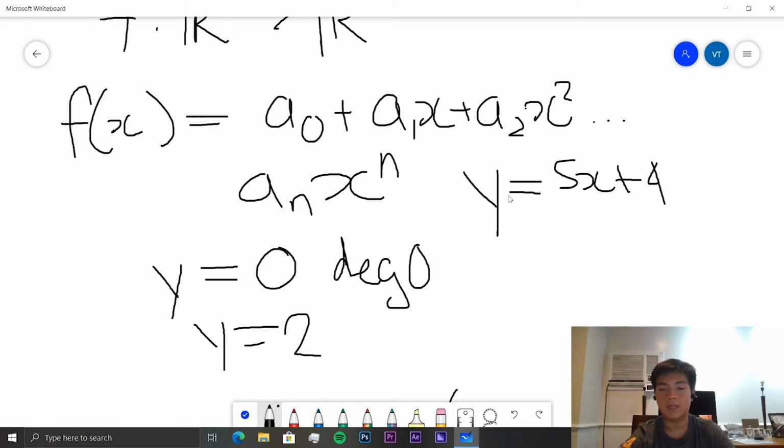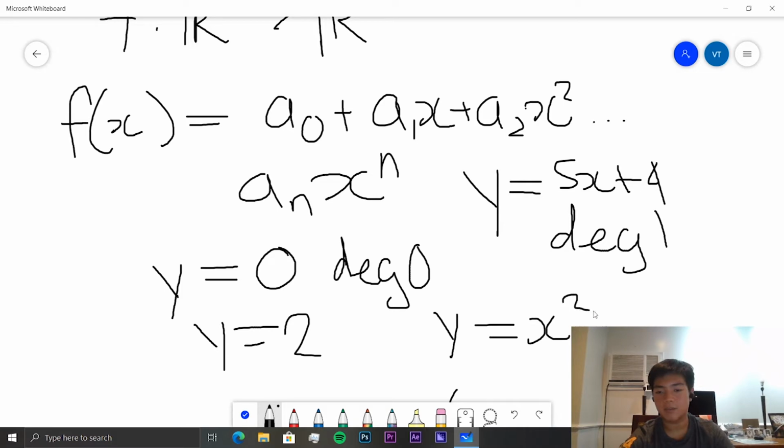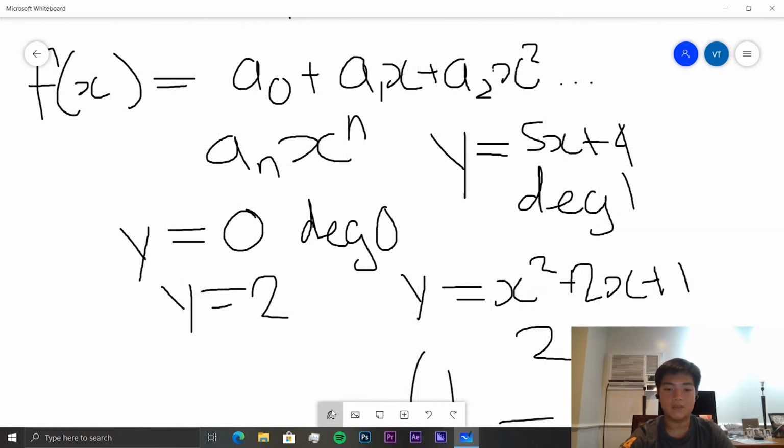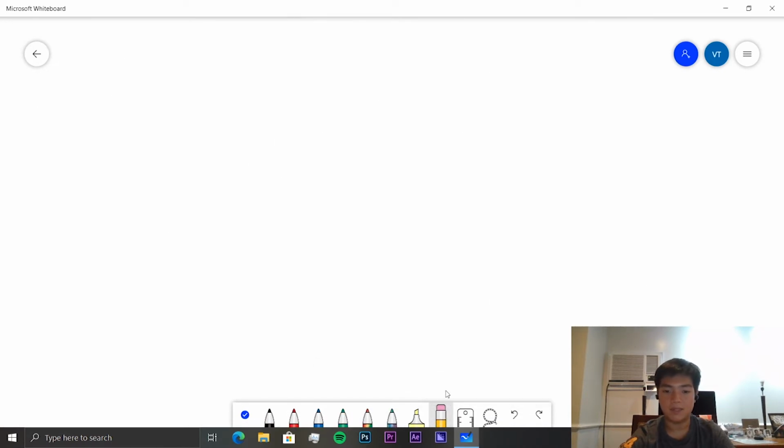This is also a polynomial with a degree of 1. We know our quadratic expressions, y equals, say, x squared plus 2x plus 1, and this is a polynomial of degree 2. This goes on and on forever, and there's an infinite number of degrees. So that's what a polynomial is.